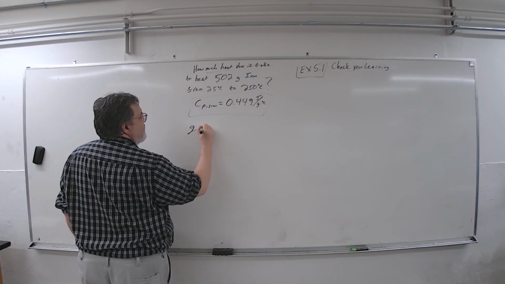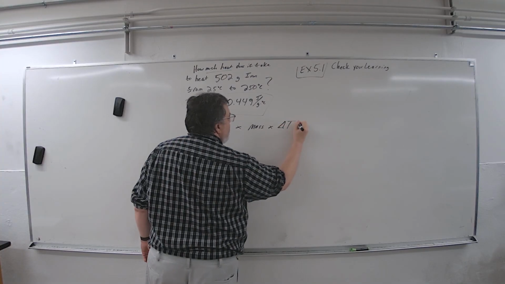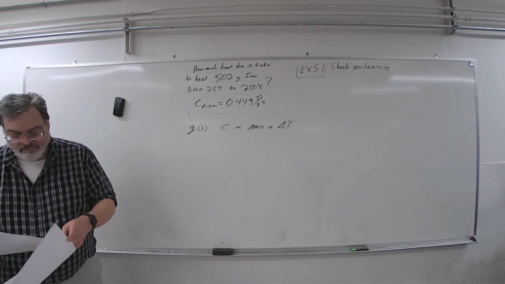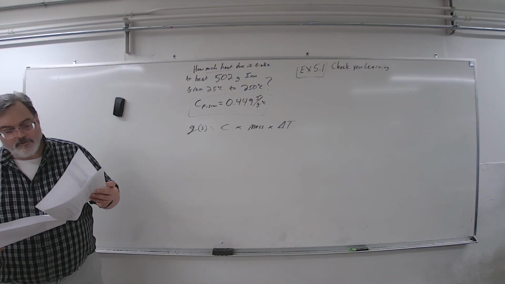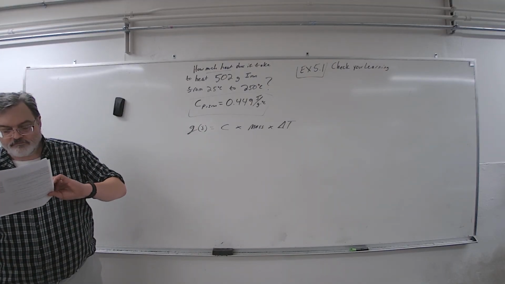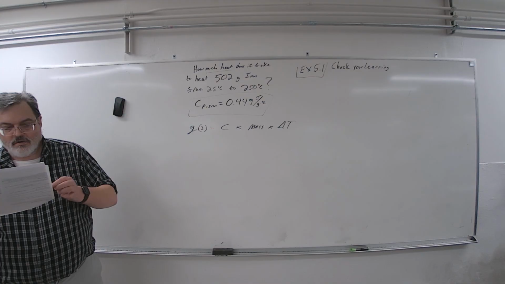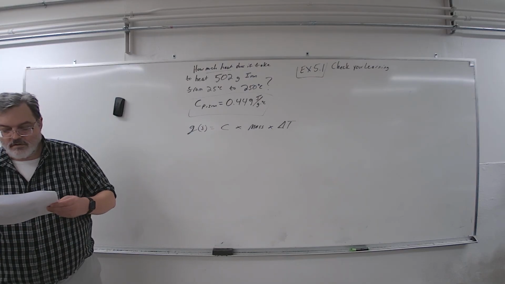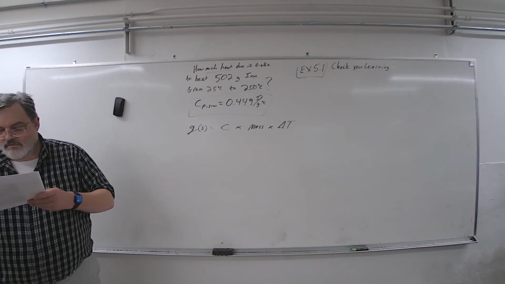How much heat, in joules, equals C times the mass in grams times the delta T. Anybody calculate that? Same thing I just did.